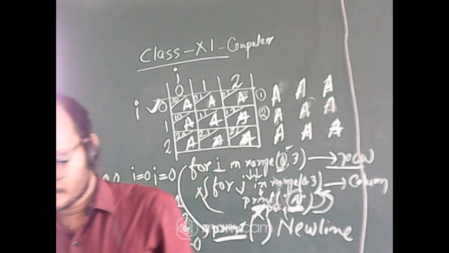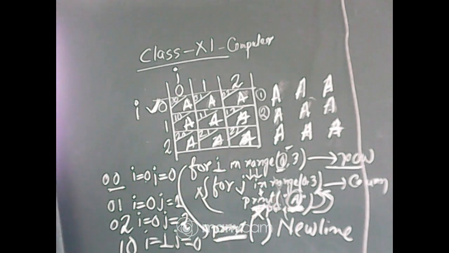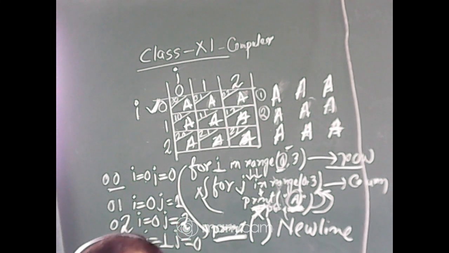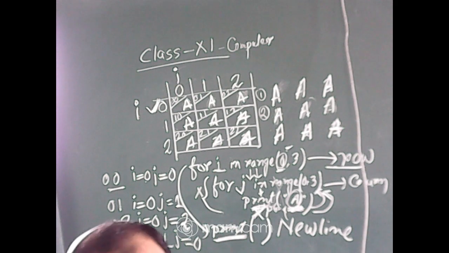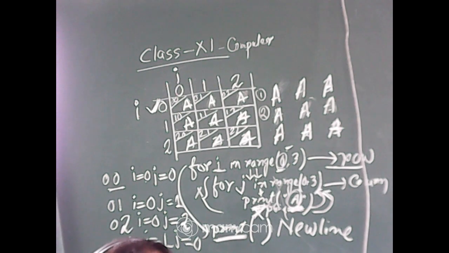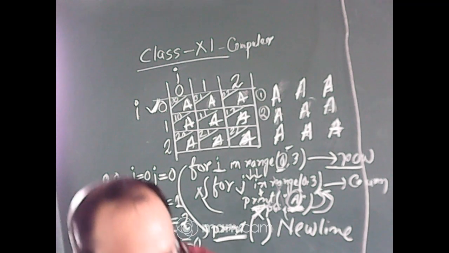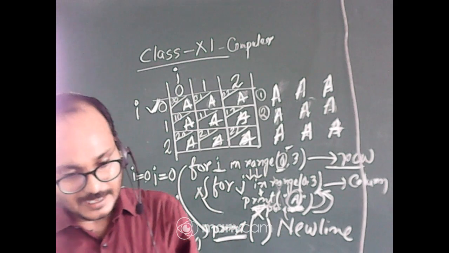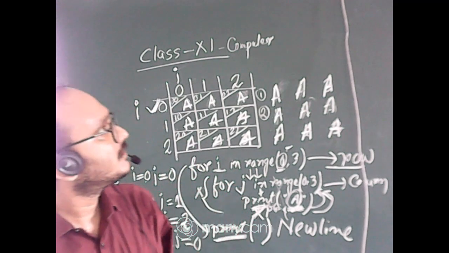So what's, yes, very good, very good, comma, and end equals to double quotation, like that. Very good. Now look like that, isn't it? So in that way you can do this.